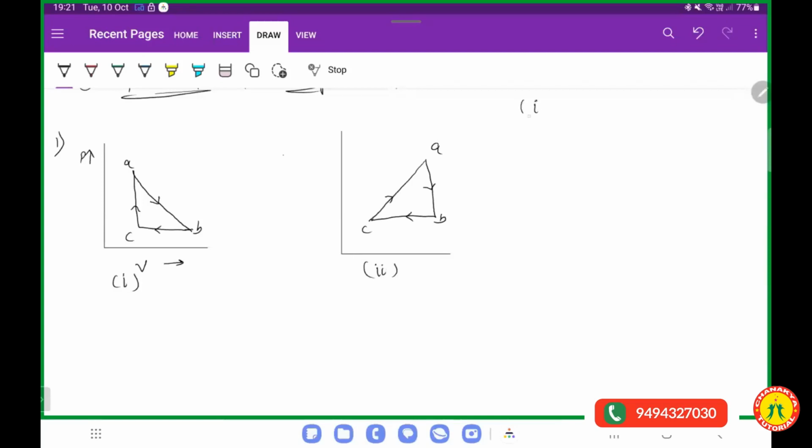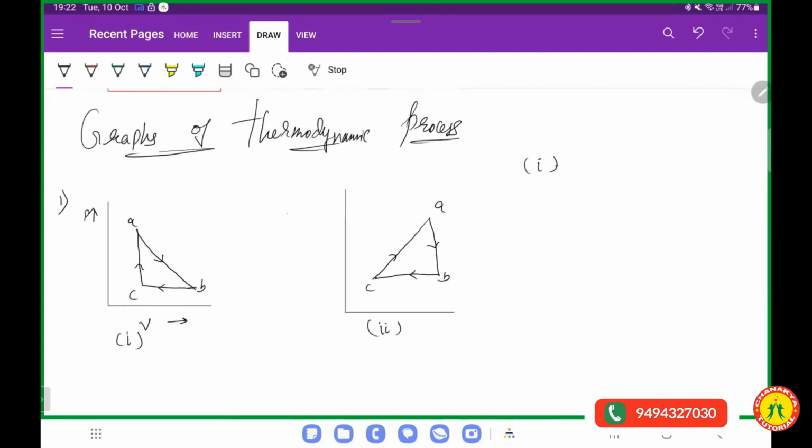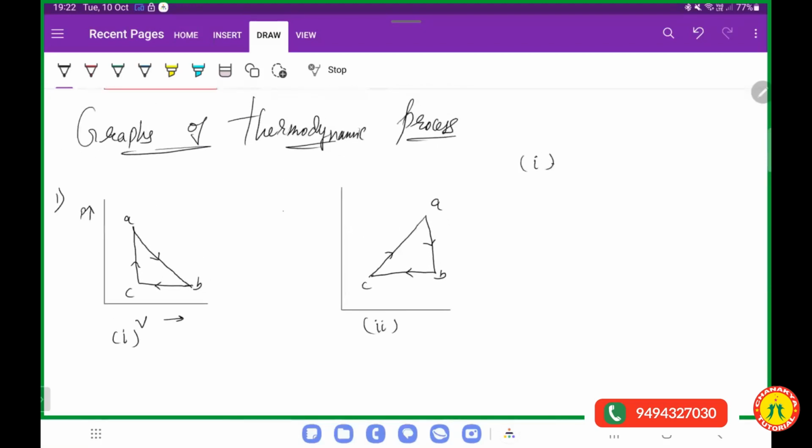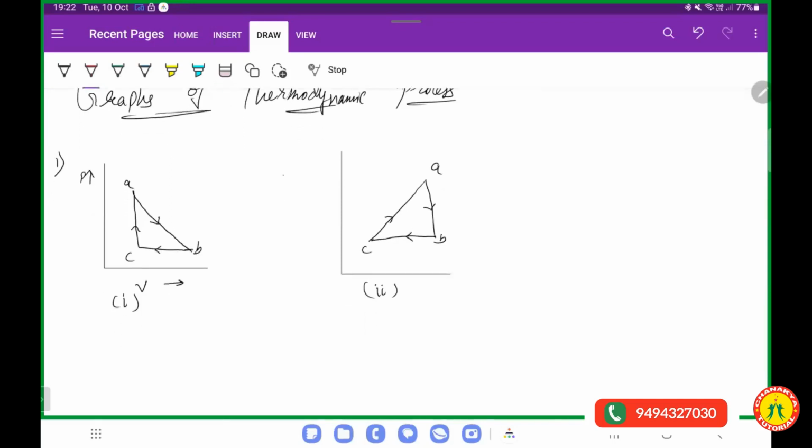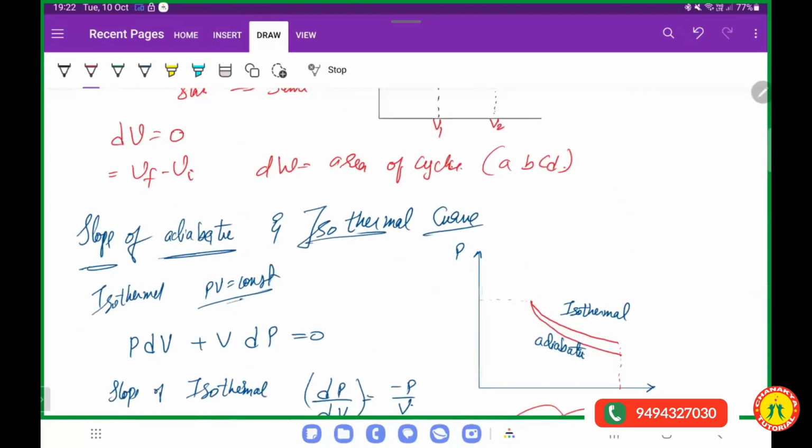For graph 1, if you observe here, A and B, B and C, and C and A, there are different processes going on. If you can tell me, instead of writing this here, I'll write in this one. AB is, what I wrote here, isothermal.